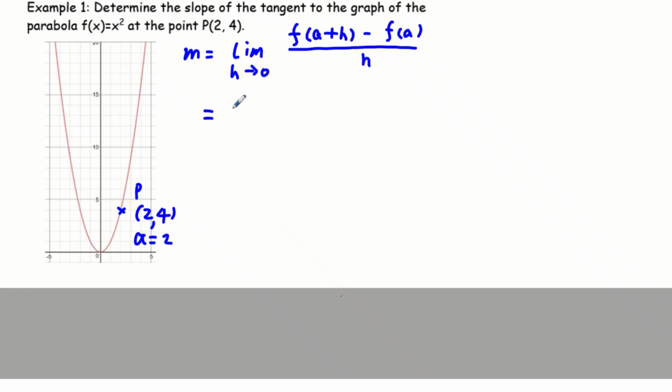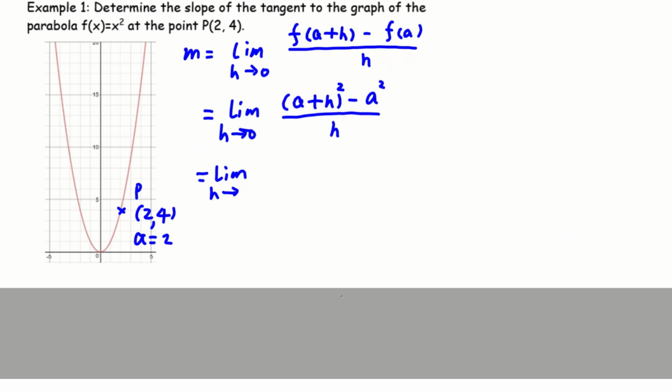So we continue to use the limiting value as h approaches 0. Then we sub in a plus h into the function f of x. So we are going to have (a plus h) squared, minus a squared, all over h. We do the expanding. In rough work, a plus h squared is a plus h times a plus h.